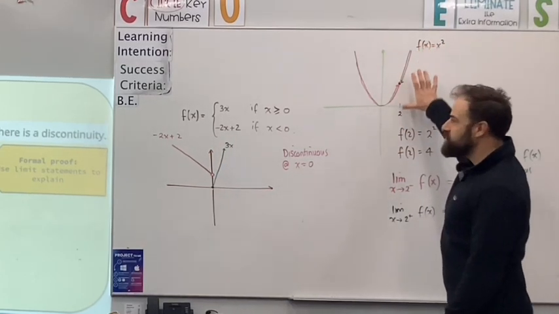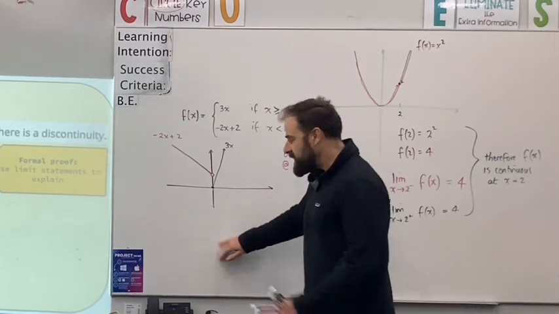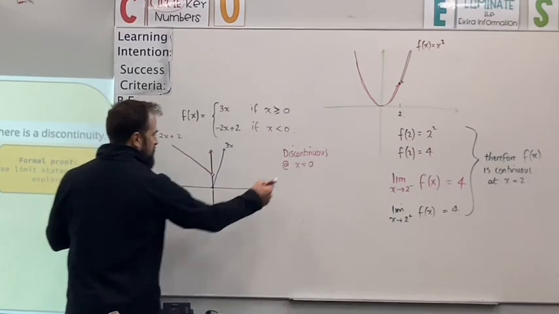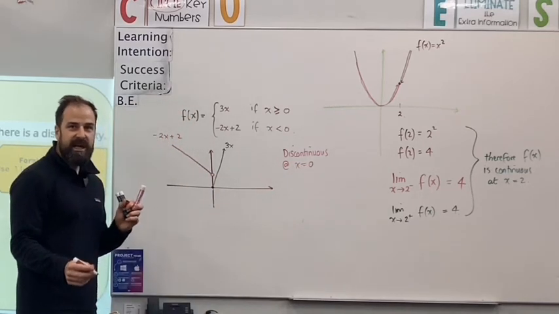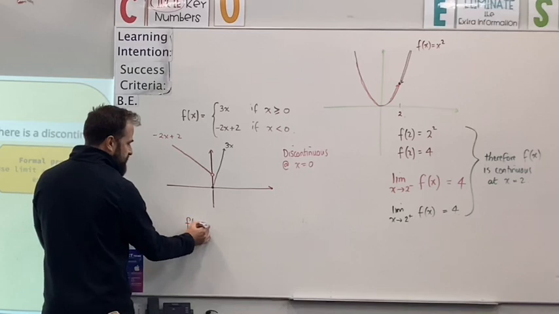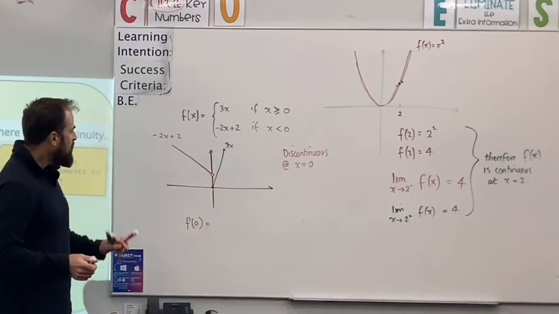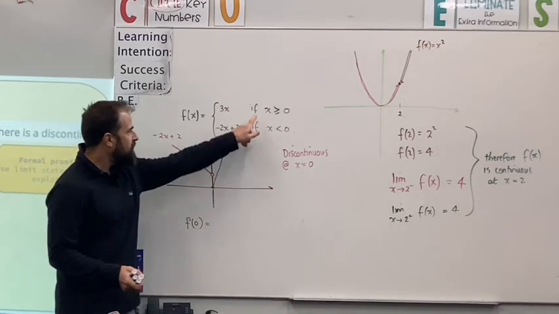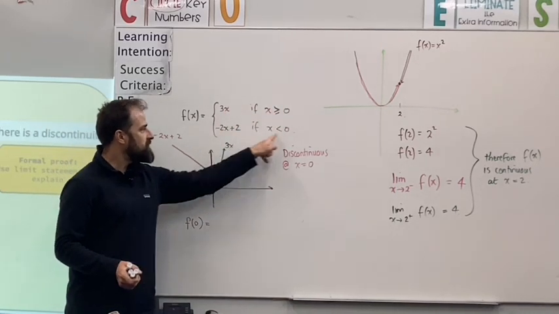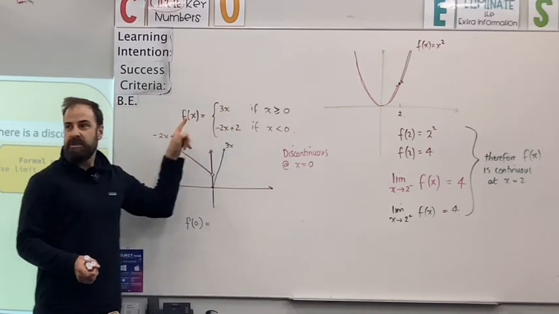Now, if we wanted to describe that formally, we want to prove that it's discontinuous at x equals 0. So let's find the value of the function at x equals 0. When x equals 0, am I using this part of the graph or this part? The top one, how come?